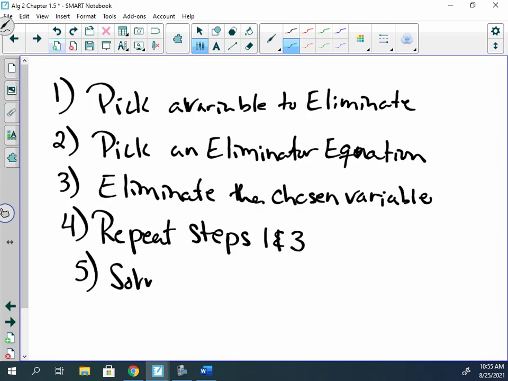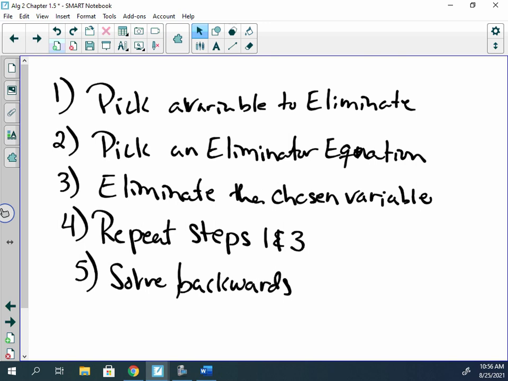And then step 5 is going to be to solve backwards. These are kind of my steps, or how I think through it for solving this.